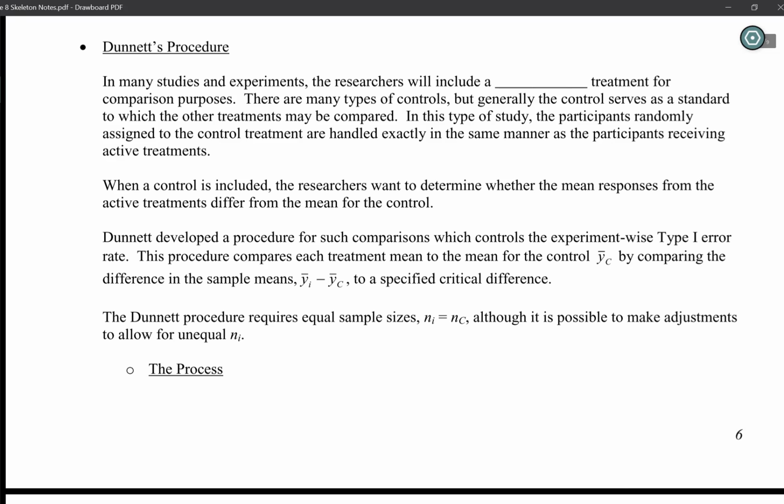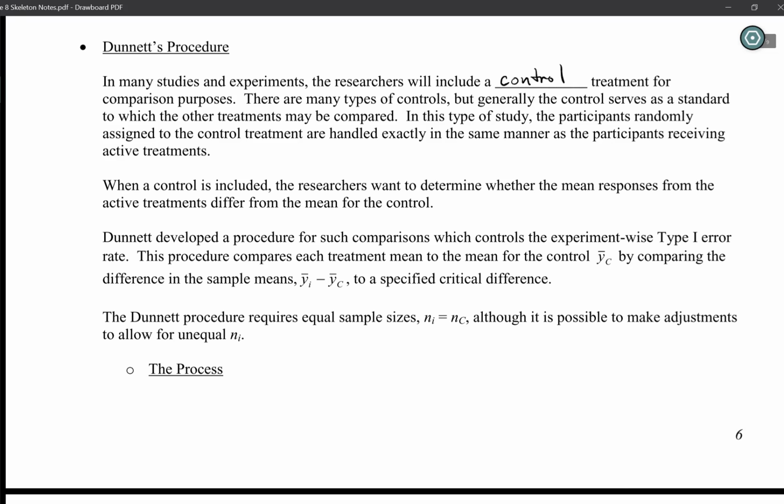In many studies and experiments, the researchers will include a control for comparison purposes. For example, say we're dealing with the additive problem, we have 3 fuel additives that are made to try to improve the fuel economy of a given car.